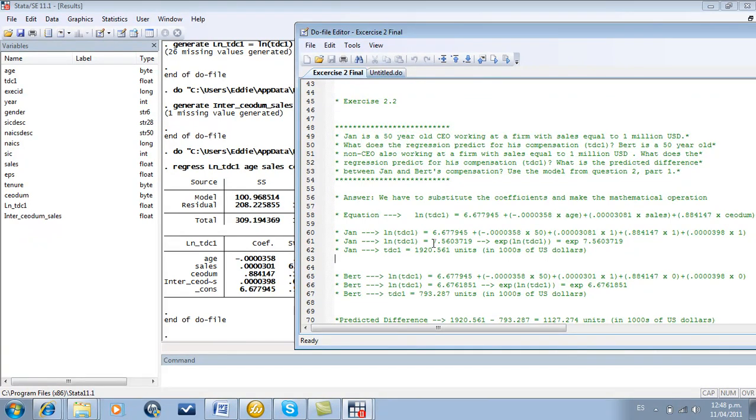It's equal to this number. We have to make this operation to get rid of the logarithm, use the exponential of the number, and we finally have this number, 1920.561 units. Well, the units are thousands of US dollars.